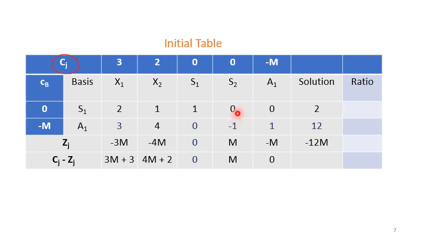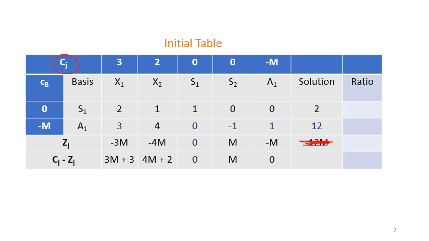Similarly here, 0 into 0 plus minus 1 into minus M is M. Similarly here, 0 into 0 plus 1 into minus M is minus M. This one you can ignore in the first stage; no need of writing it here because this is the initial stage. In the final solution you can write the Zj value of the solution.